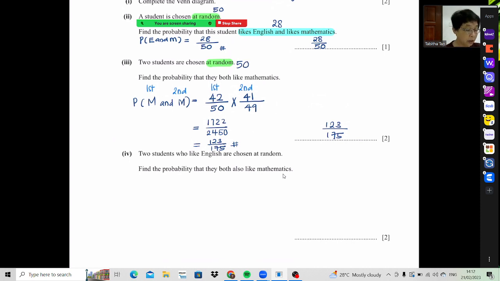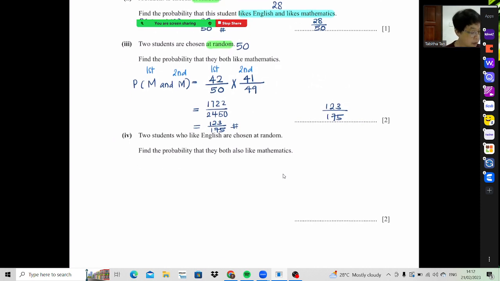But a little change here, they say the two students who like English, that means the choice now is not from the general public group of that 50, but it is from the pool of students who like English.